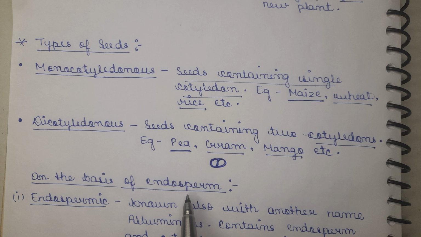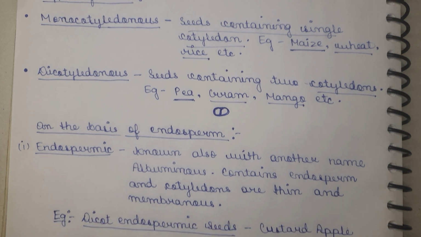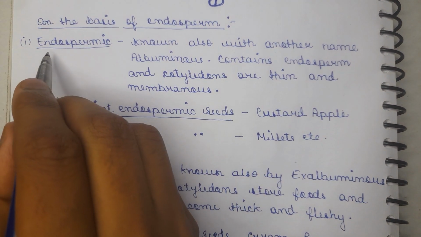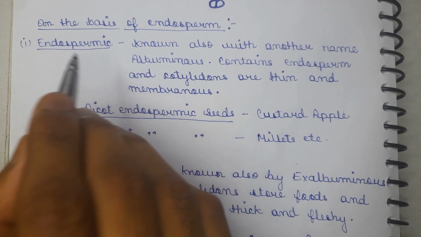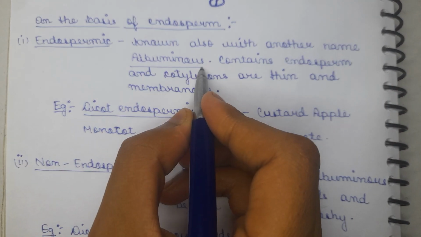Now on the basis of endosperm, the seeds are also divided into two types: endospermic and non-endospermic. First we will understand the endospermic, also known as albuminous.